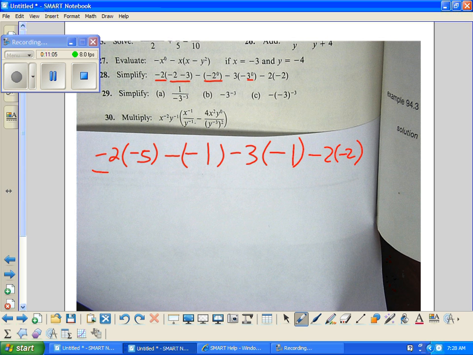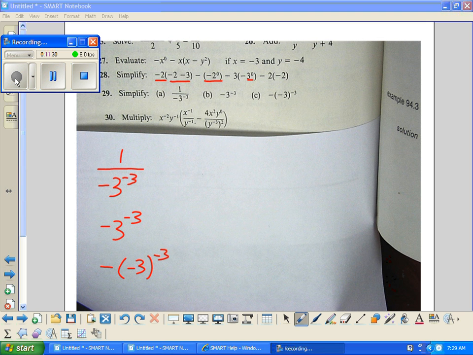Now I'll start doing my multiplications. 10 minus a minus 1. Minus 3 times negative 1 is negative 3. Minus 2 times negative 2 is negative 4. Again, I still have some multiplications. 11 plus 3 is 14. The answer is 18.